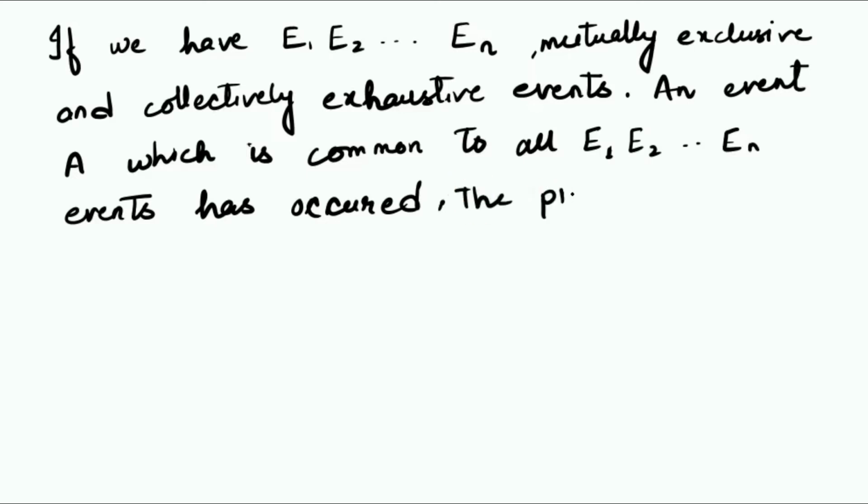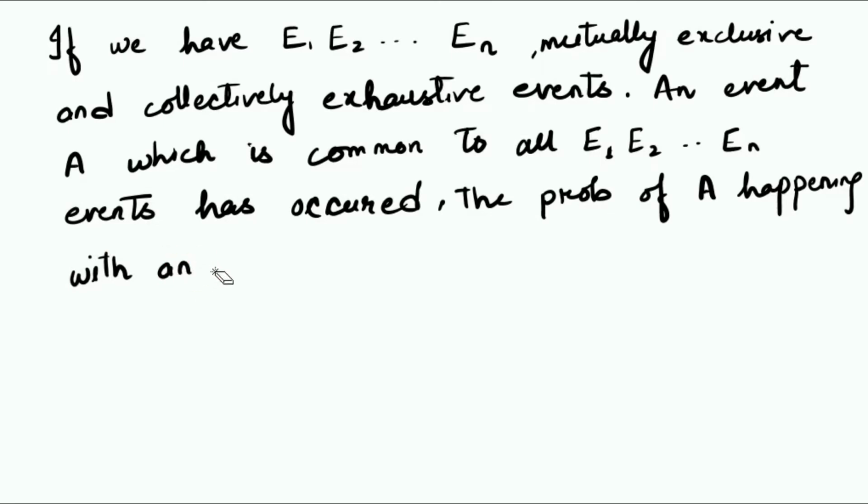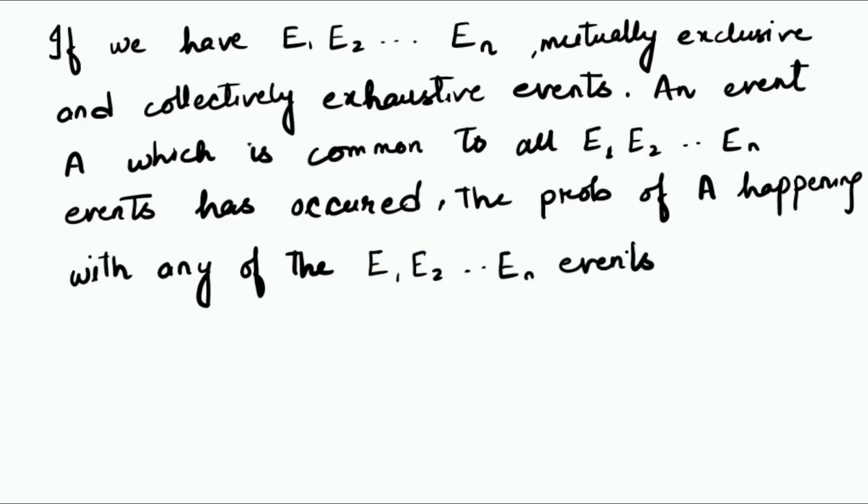The probability of A happening with any of the E1, E2 till En events is, okay.